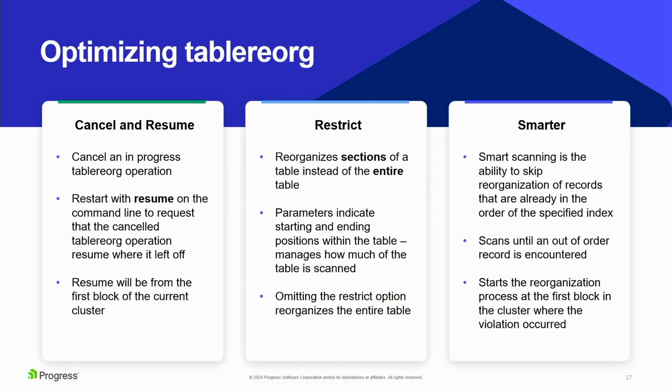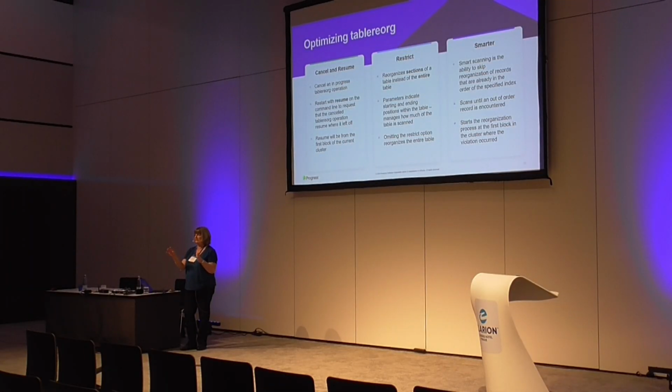And then the third one was smarter scanning. You may find, depending on the lifespan of this table, that there may be known areas in there that are already clean and in order, and they don't even need to be included as part of the process.